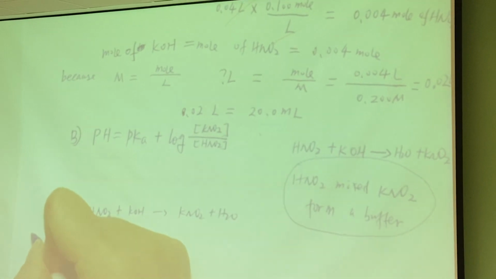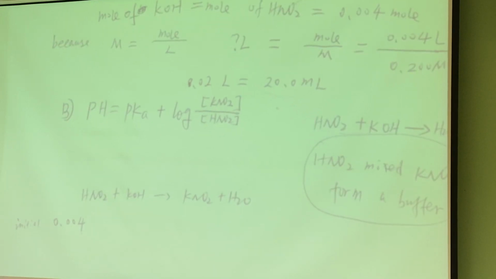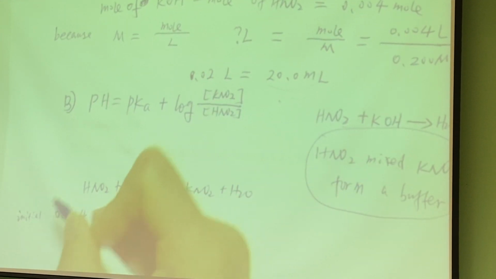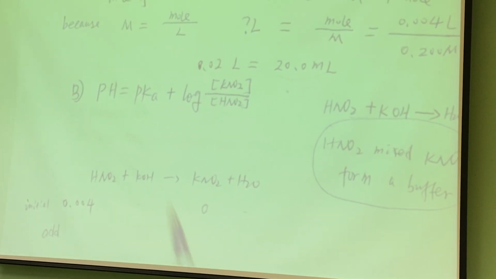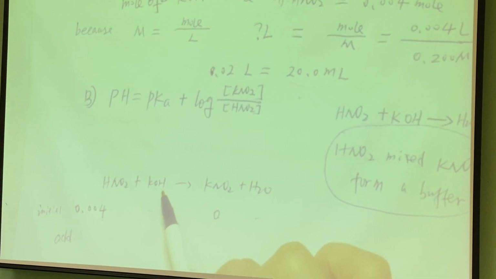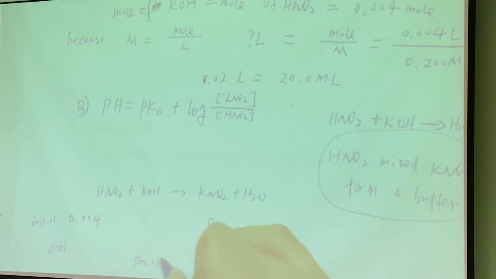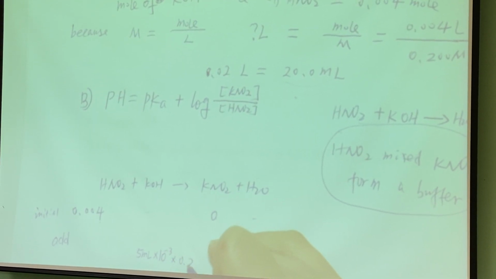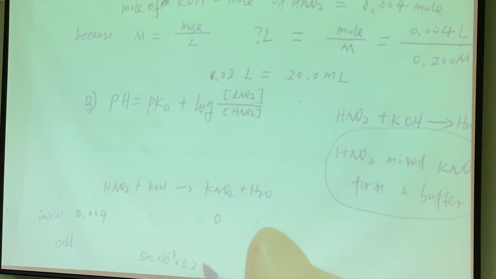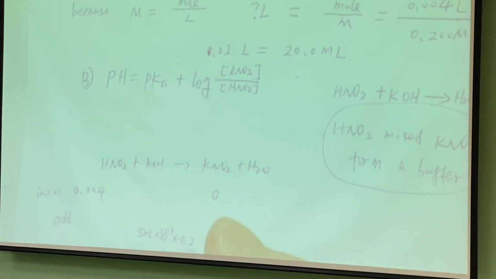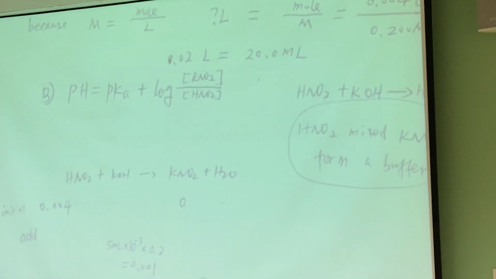That is the initial beginning. Then you don't have any of this, 0, right? So you add 5 milliliter of potassium hydroxide. Convert it to liter and times the concentration. What you get is 0.001. That is what you add. You add this amount of potassium hydroxide.